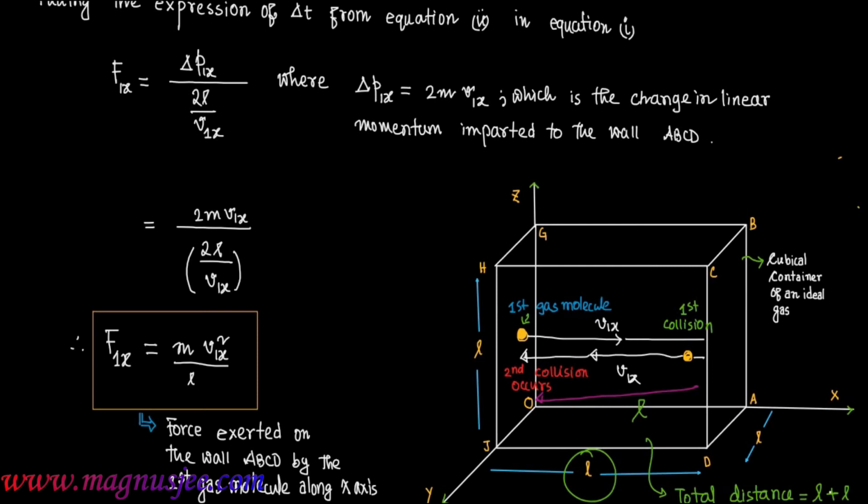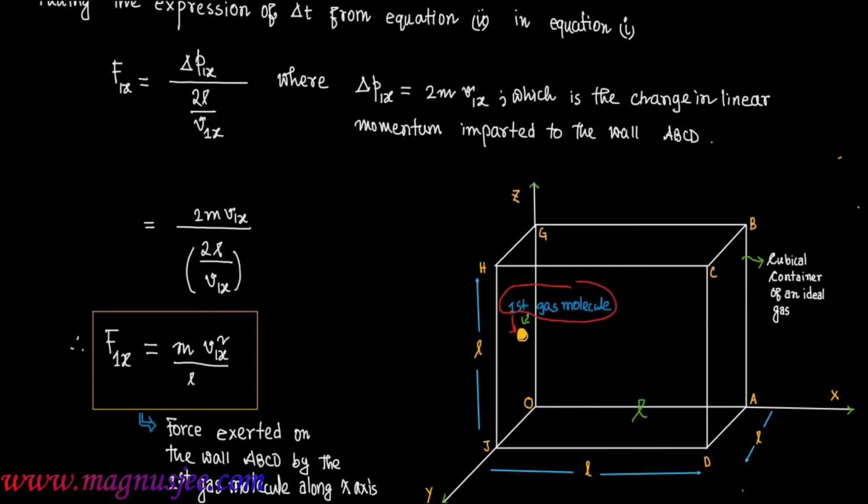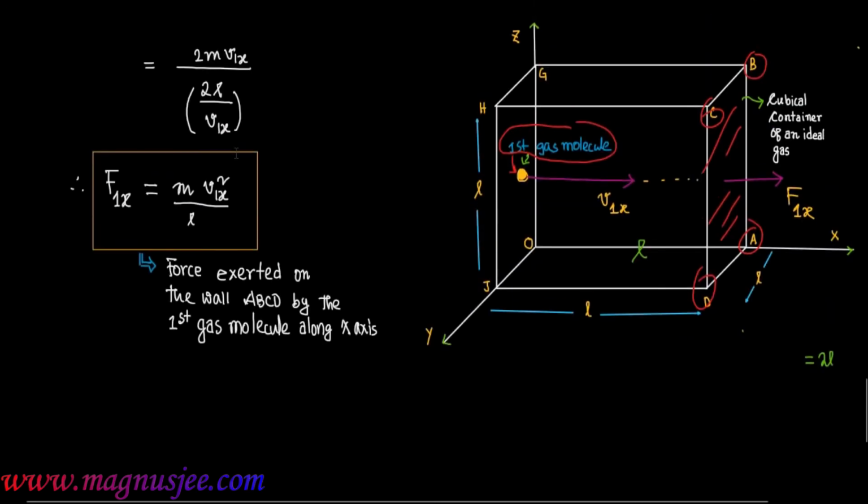In the diagram, the first gas molecule of mass m is moving towards the vertical wall ABCD with a velocity v1x, and undergoes the first elastic collision and applies a force F1x. F1x is the force exerted by the first gas molecule on the vertical wall ABCD.